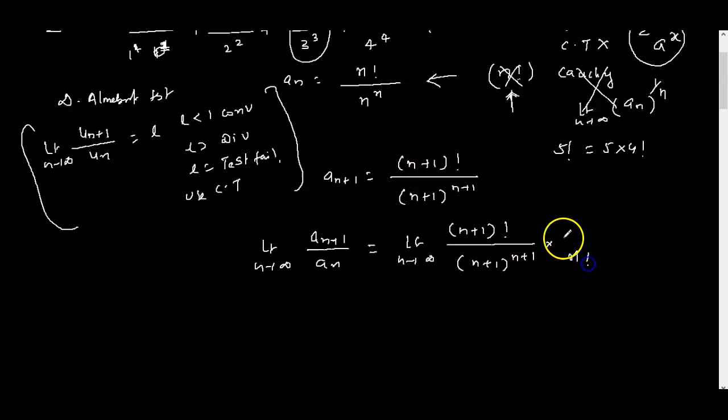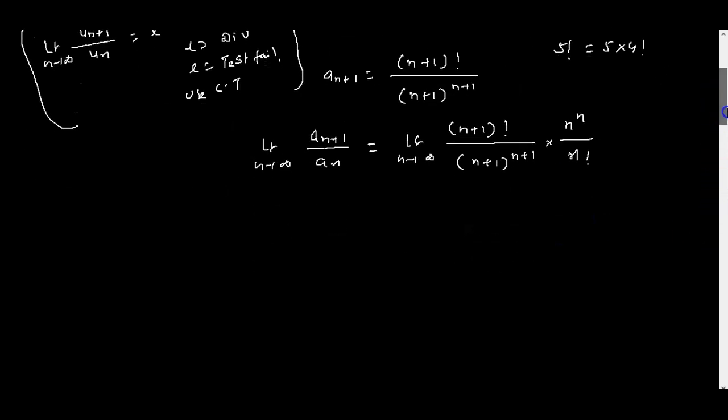So n factorial and n to the power of n will go in the numerator. Any doubt here? What did you do in the last step? I took the reciprocal of the nth term and wrote it here. The nth term is n factorial by n to the power n, so this will go up here.